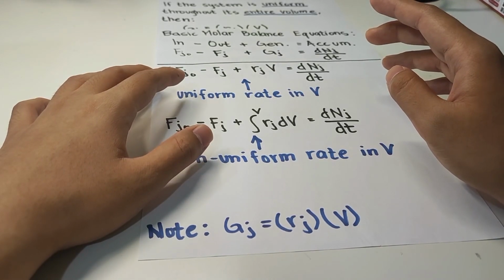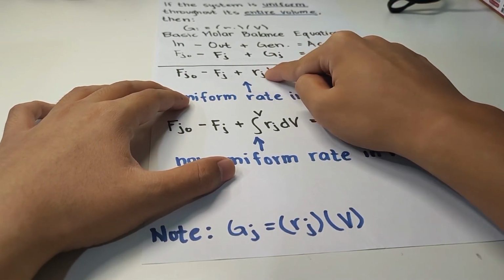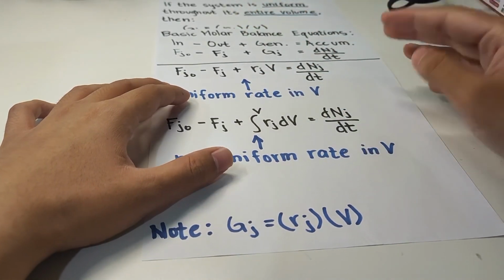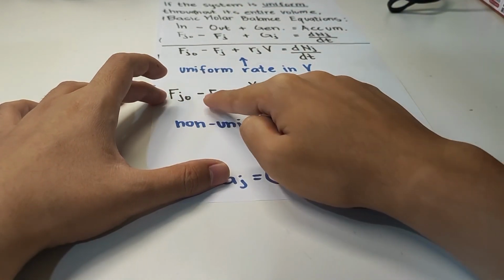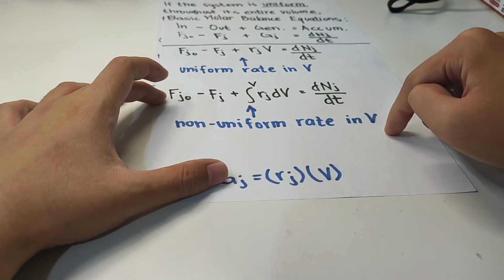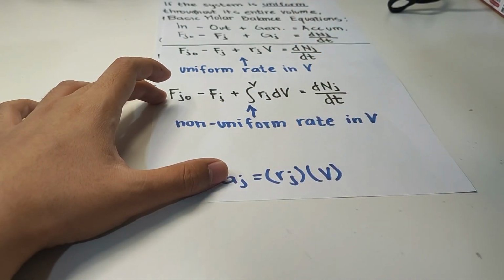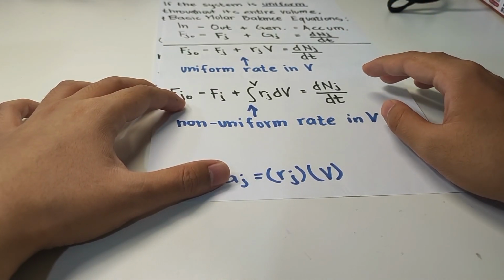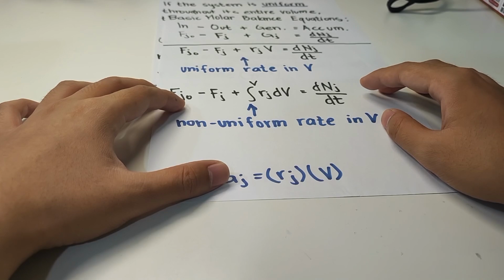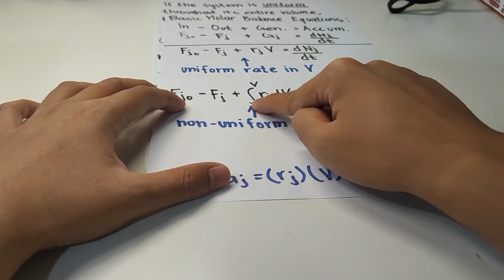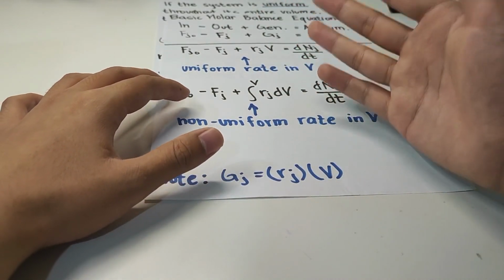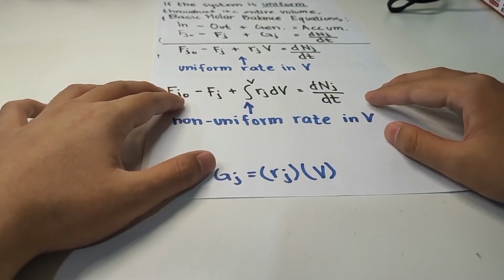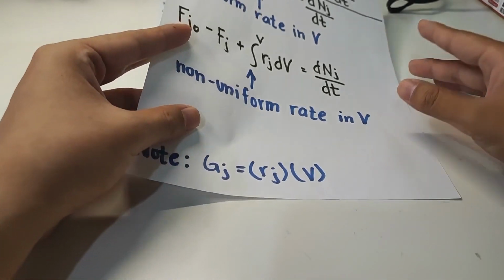So the reaction rate per unit volume is the same at every point within the reactor. While for a non-uniform rate in V, we have to integrate because the rate of reaction varies at different locations within the reactor volume. It changes depending on the position within the reactor.